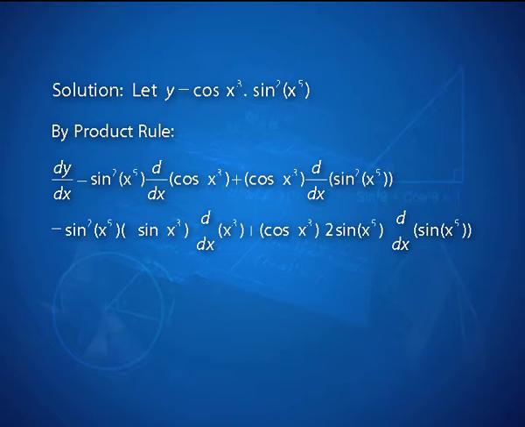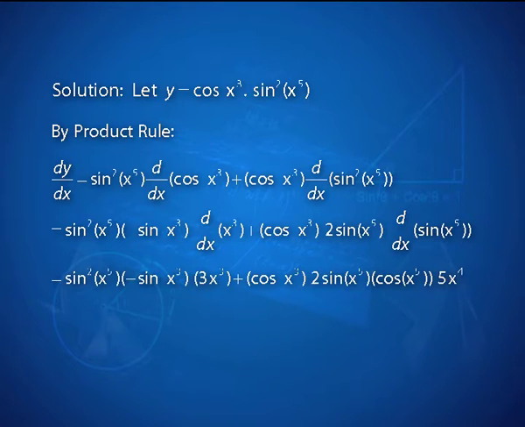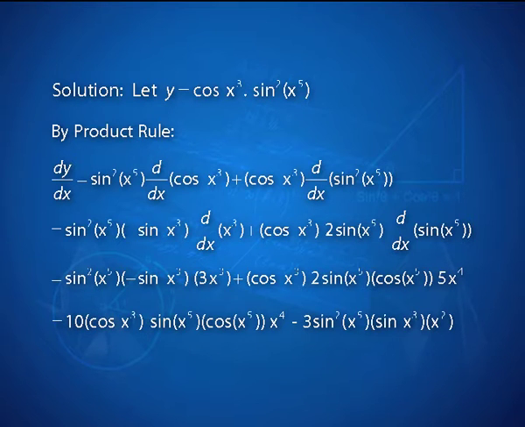Completing the differentiation, we get sine square of x to the power 5 into negative sine of x cube into the derivative of x cube, giving us 3x square. For the second term, you need to just watch out for the derivative of sine of x to the power 5. That is nothing but cos x to the power 5 into 5x to the power 4, again applying the chain rule. What is left is now just a bit of simplification.